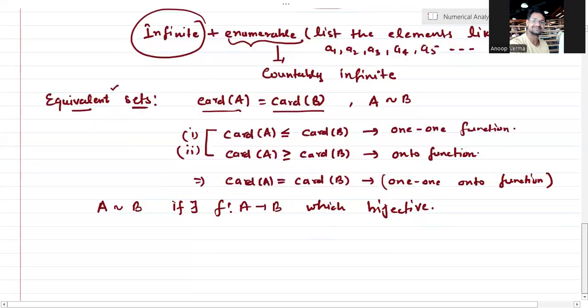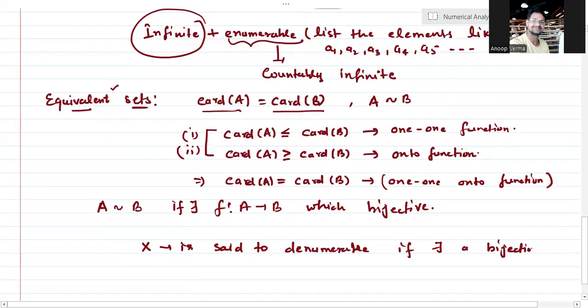Now we can say a set X is said to be denumerable if there exists a bijection between X and N, the set of natural numbers.